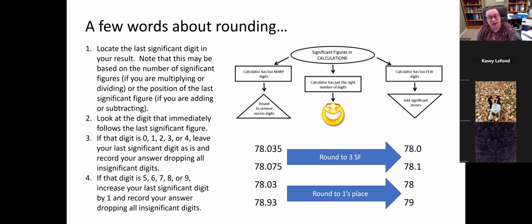On the far right of that chart is when your calculator has too few digits. Sometimes your calculator gives you an answer of 6, and maybe you're supposed to have 3 decimal places in your answer. So what are we going to do? Our calculator is showing us a 6, but we know we need 3 decimal places in our answer for proper significant figures. So we have to add some significant figures, but we don't want to add random numbers, right?